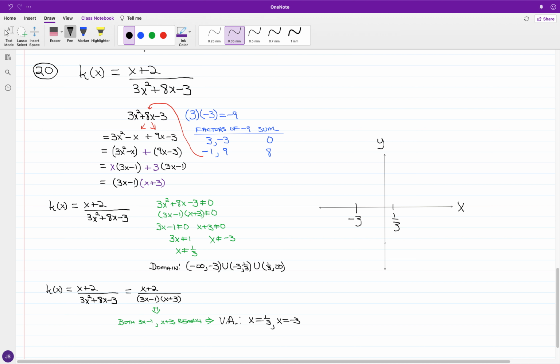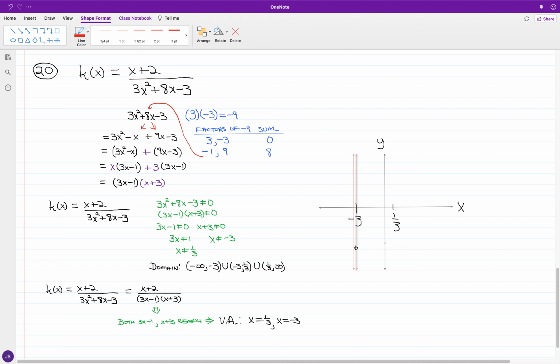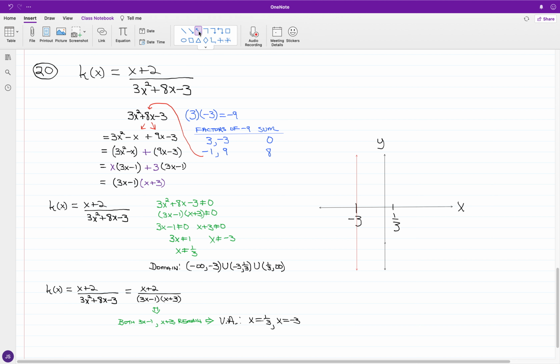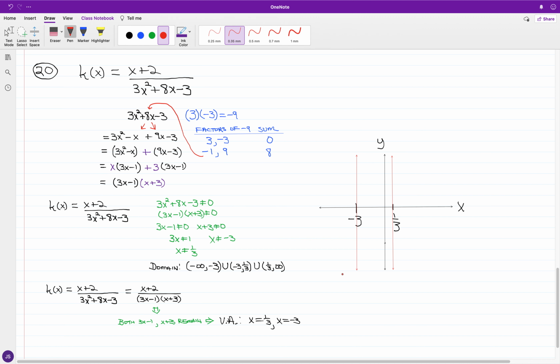And again, we have vertical asymptotes running through the x-axis at those assigned values. So we have again x equal to -3 and x equal to 1/3.